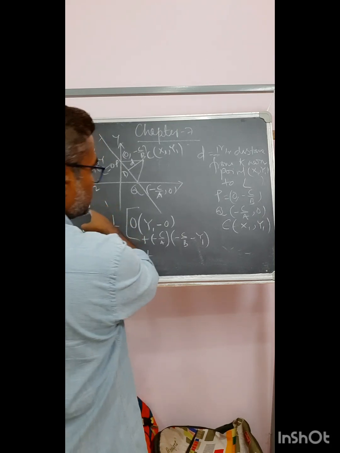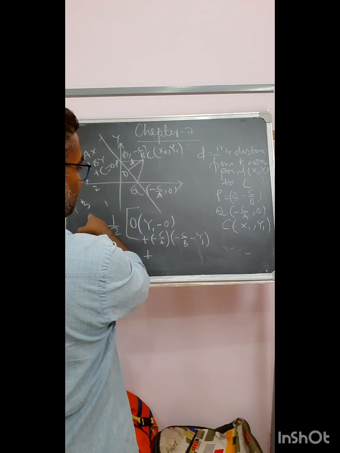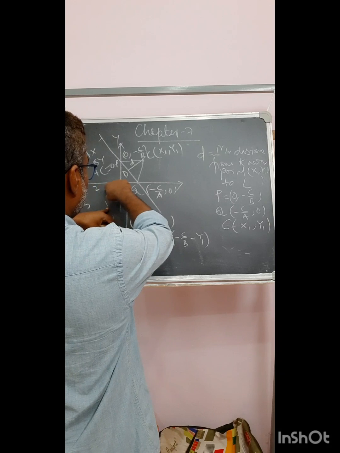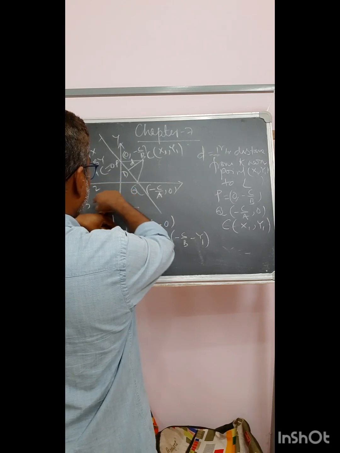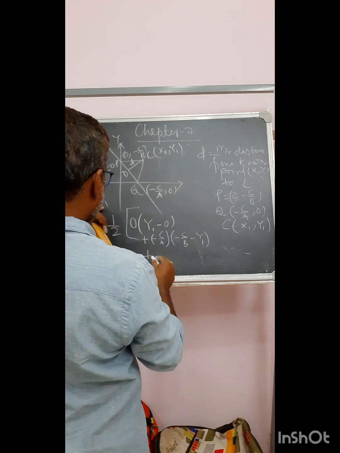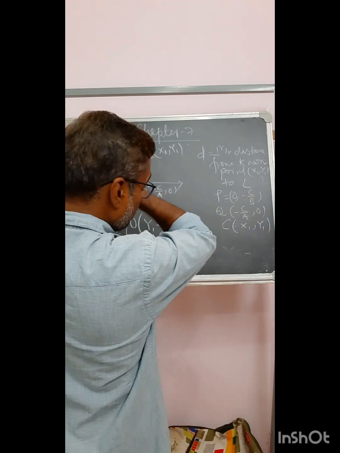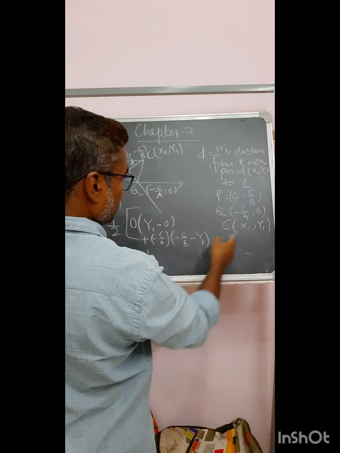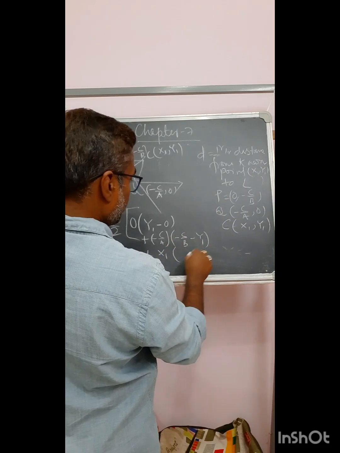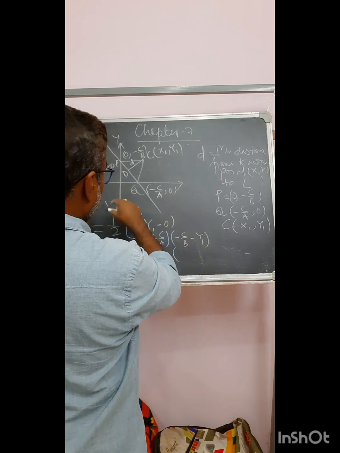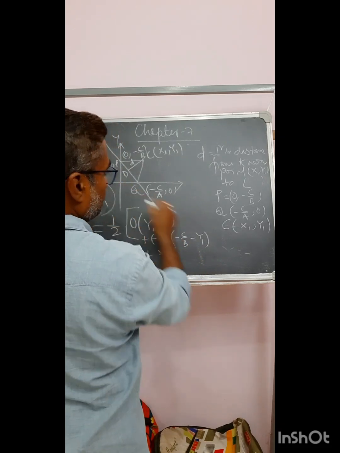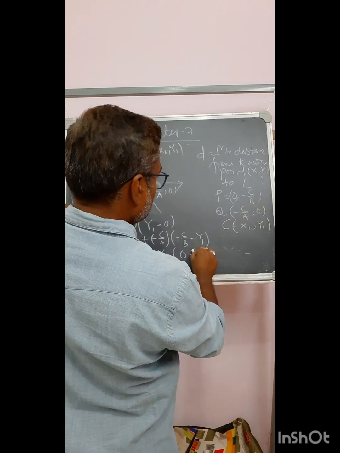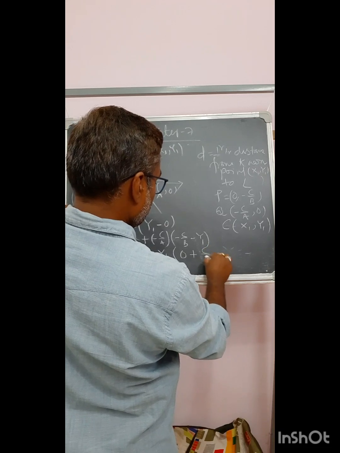I have taken x3 as x1, and y2 minus y3, because clockwise I am moving. So y2 is equal to 0 minus y1, so that will give you plus c by b.